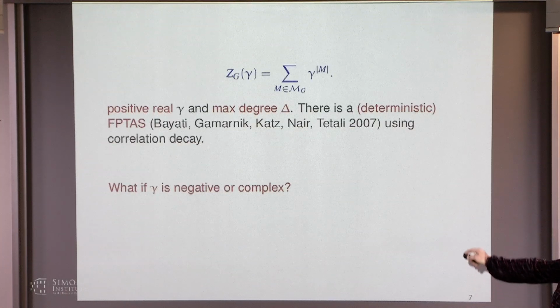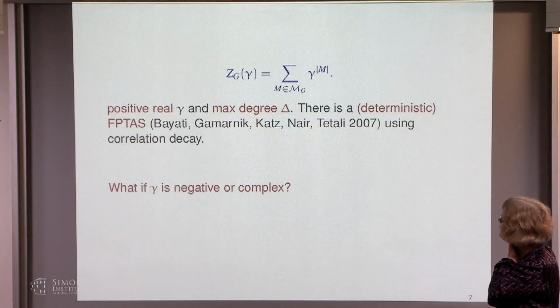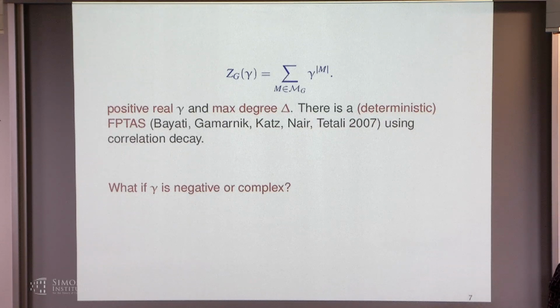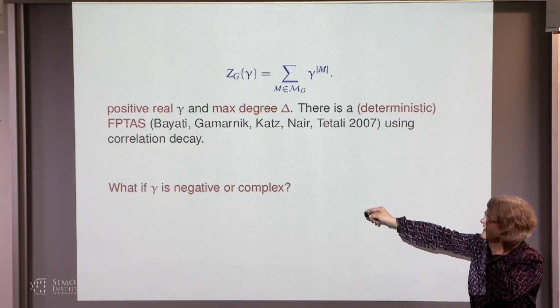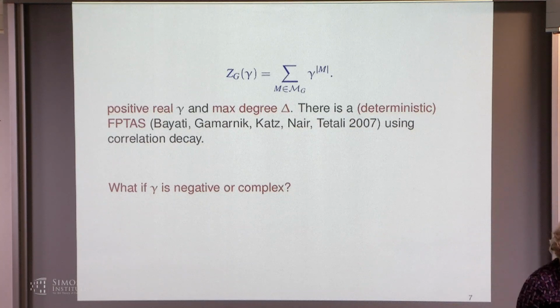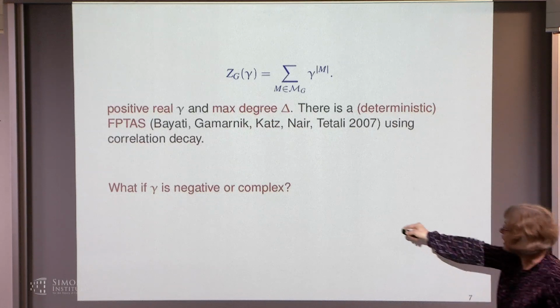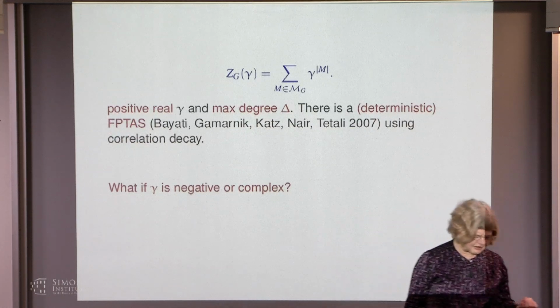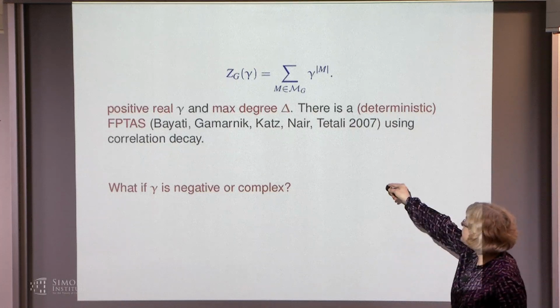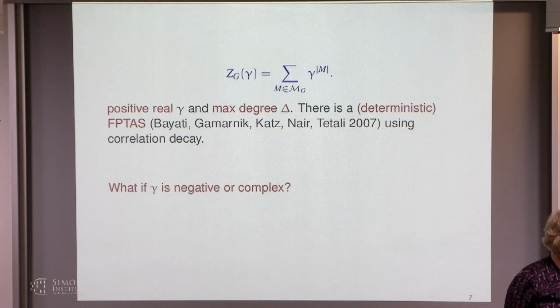And using that, these guys managed to give a deterministic approximation scheme for bounded degree graphs. And we keep seeing this, and I don't know whether anybody's actually explained it, but it just means that you input a graph, and you input an epsilon, which says how accurately you want to approximate this thing.